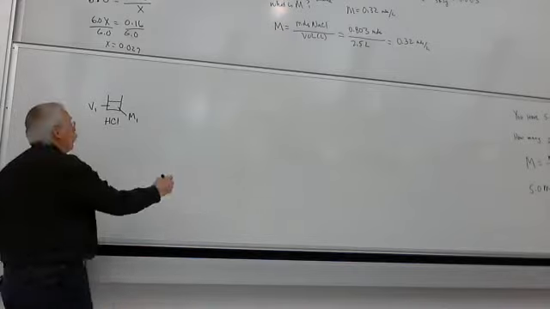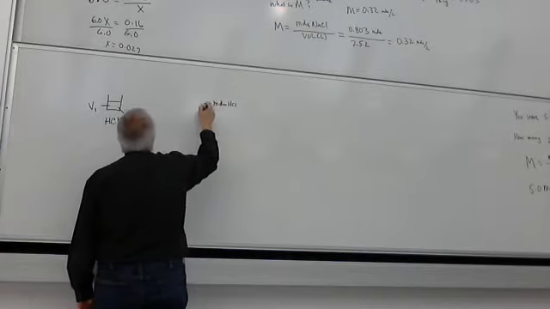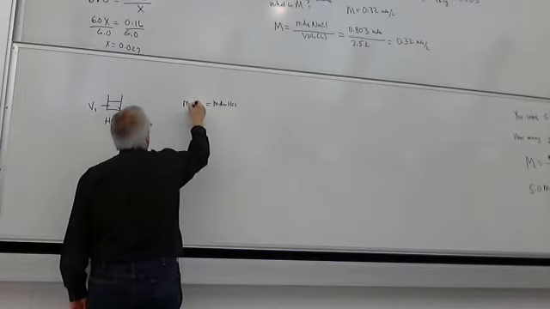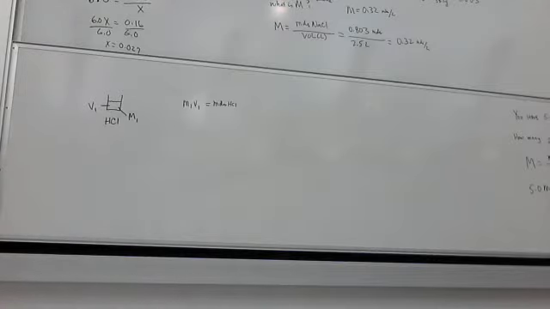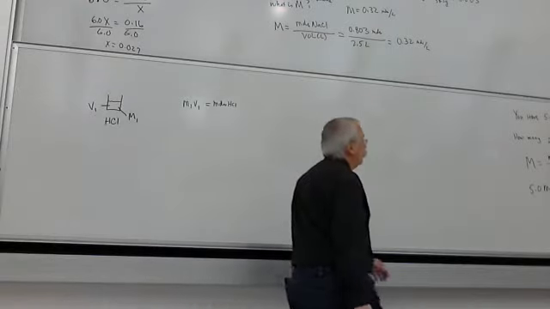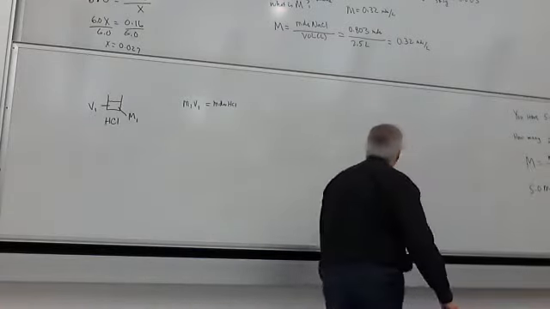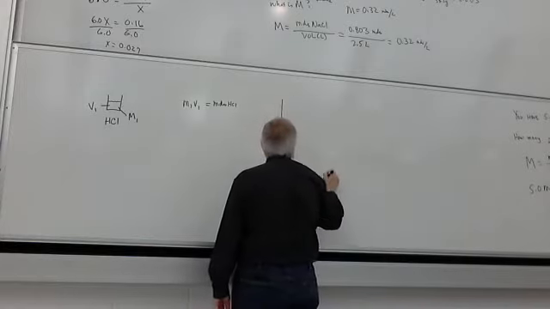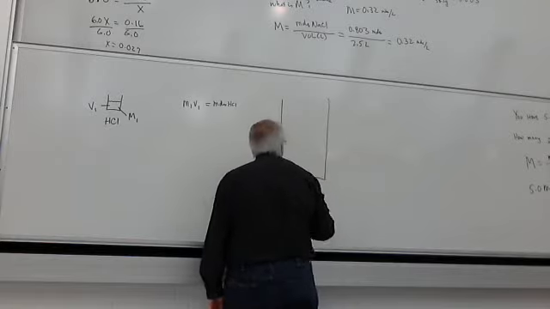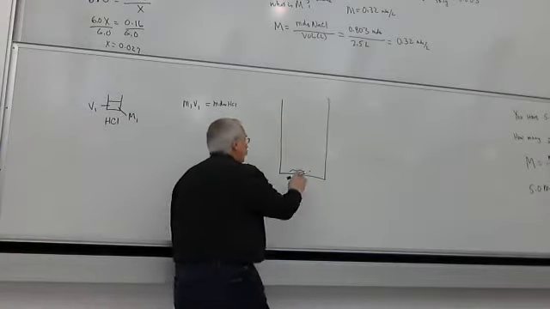Good. So the moles of acid would be equal to M1 times V1. Molarity times the volume. We solve for moles. Molarity times the volume should equal the moles. All right, great. Now I'm going to toss that into a larger beaker and add a bunch of distilled water to it.